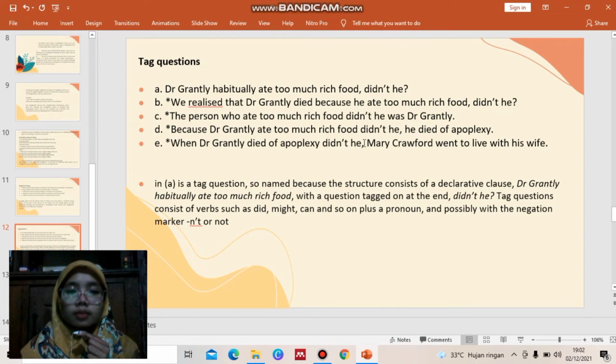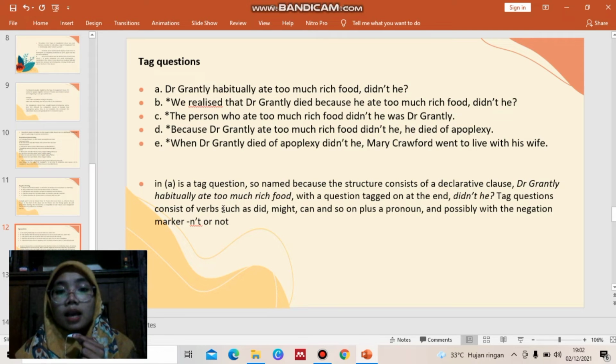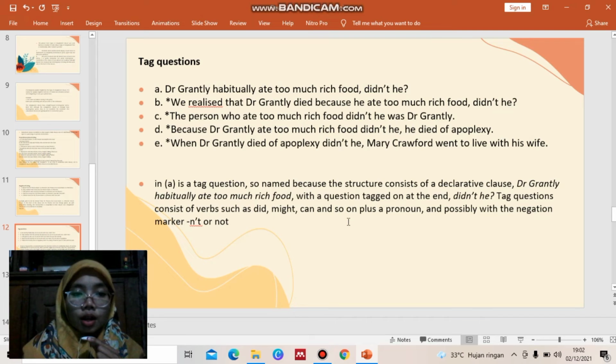In A is a tag question, named because the structure consists of a declarative clause, Dr. Grantley habitually ate too much rich food, with a question tagged on at the end, didn't he? Tag questions consist of verbs such as did, might, can, and so on, plus a pronoun, and possibly the negation mark not.